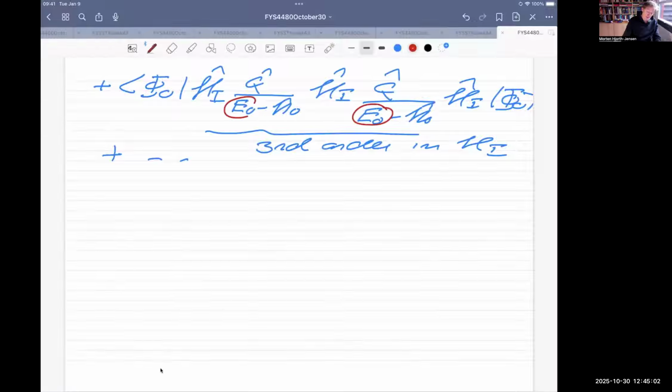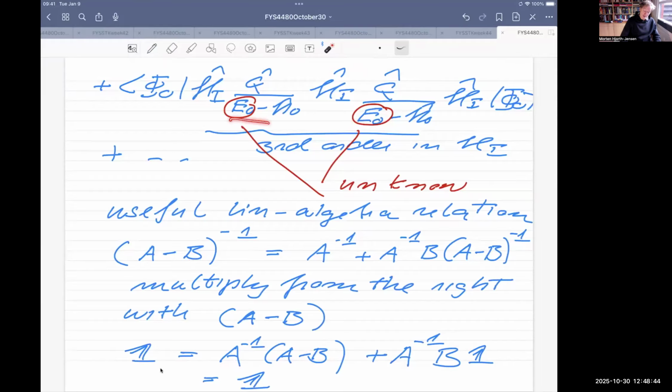Now, what we are going to do is look at these terms here and rewrite them in terms of this equation from linear algebra. Then we're going to see that we can sum up everything to infinite order. So we are going to rewrite this in terms of something which can be manipulated with this linear algebra relation.